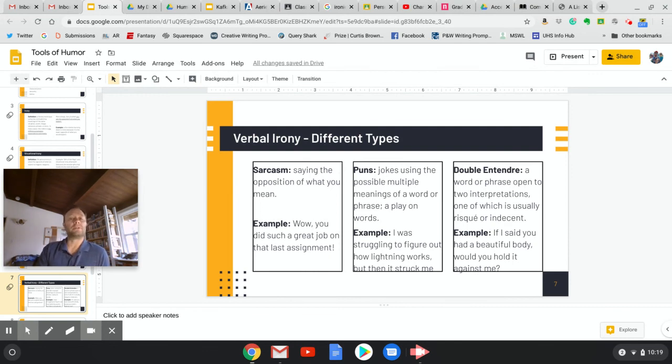And then you've got double entendres. A double entendre is when you use a word or a phrase that has two different interpretations, like a pun, but one of them is actually indecent or kind of sketchy or sexual in nature. So like the classic pickup line, if I said you had a beautiful body, would you hold it against me? Right.